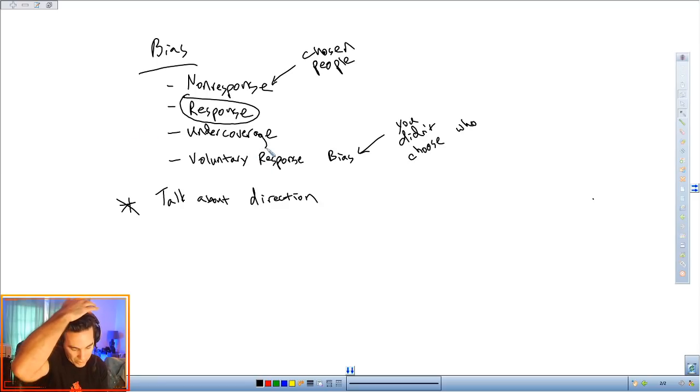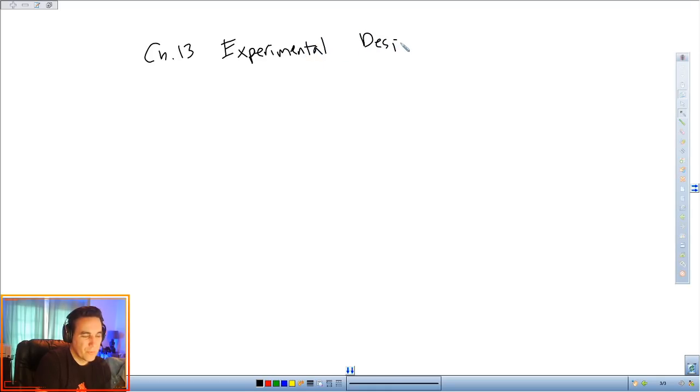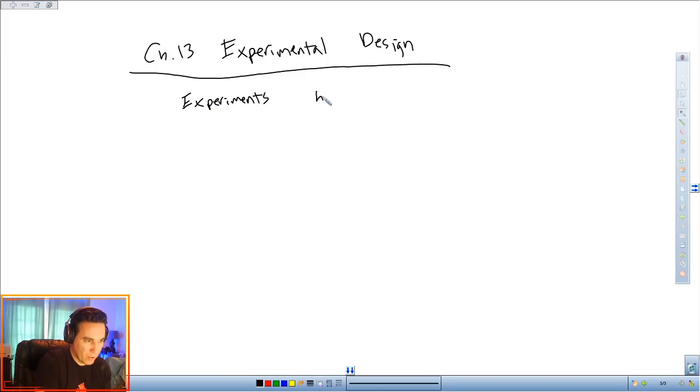So there's chapter 12. Chapter 13 was just your block design. Chapter 13 was your experimental design. There wasn't a whole lot of new stuff in there. Just remember, why do we do experiments versus studies? Experiments help establish cause and effect.